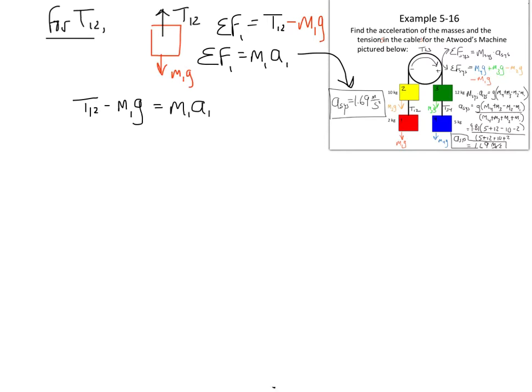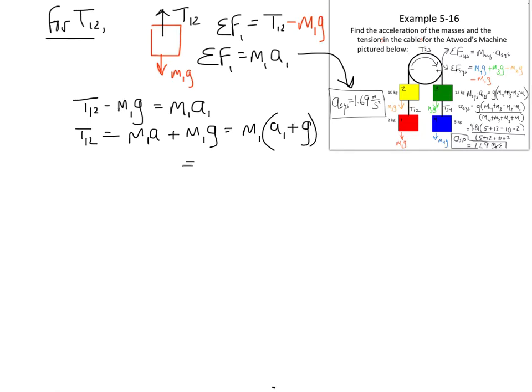So therefore, tension between 1 and 2 is going to be, sorry, I'm not dividing, I'm adding. We're going to add this to the other side: mass 1 times acceleration plus m1 times gravity. We can factor out that m1 to make it a little easier. So m1 times acceleration of 1 plus g.